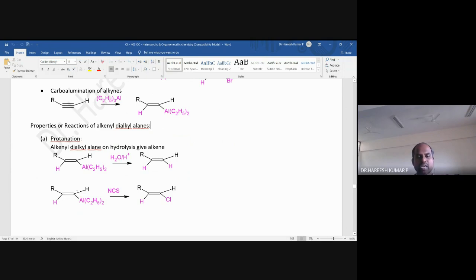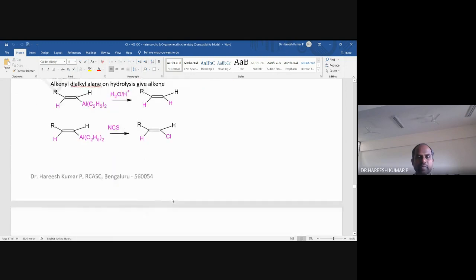Similarly, when this alkynyl dialkyl alane is treated with NCS, I think you are aware of NBS, which is N-bromosuccinimide. NCS means N-chlorosuccinimide, so NCS will act as a source of chlorine. It replaces the aluminum group, so Cl is obtained.